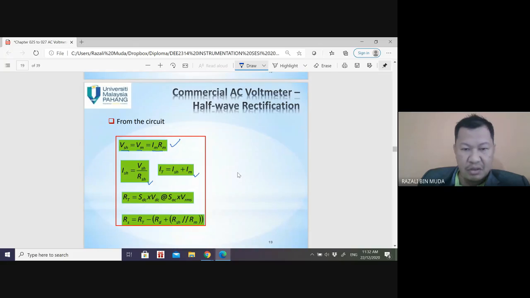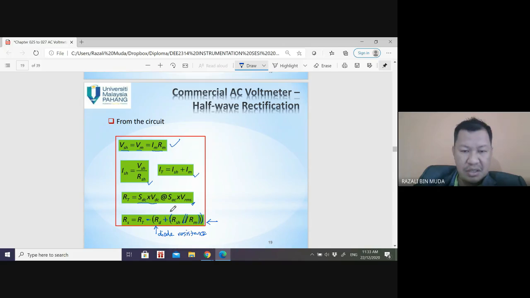So RT, R total, is SDC multiplied by VDC, or SAC multiplied by VRMS. And therefore, RS equals R total minus RD plus RSH parallel with RM. So for this case, there is RD. The diode is given a resistance value. In normal operation, we assume this RD equals 0, but in some cases there is a small value of RD, which you need to include in your calculation.